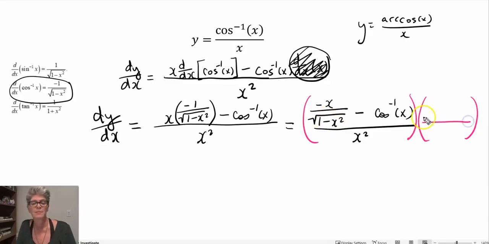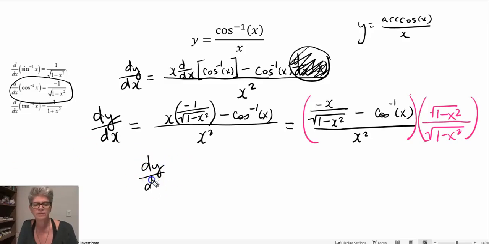So I'm going to multiply this by the number 1, and I'm going to choose to write 1 as that. So what I've written there in red, that's not changing anything. So I'm going to have, all right, so in the numerator, when I multiply square root of 1 minus x squared times this term, they're going to cancel, and I'm just going to be left with minus x.